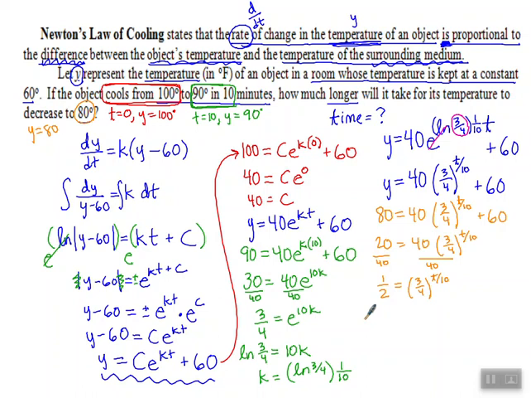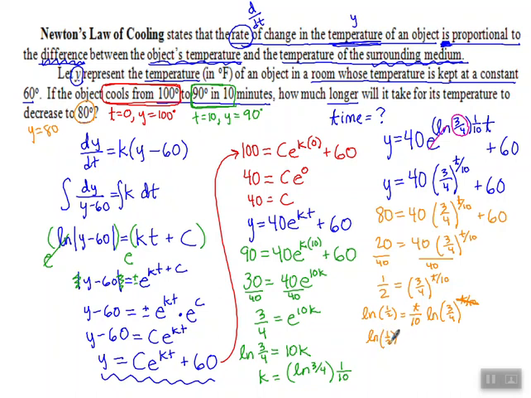Now to get the t out of the exponent, we need to take the natural log of both sides: natural log of 1/2, and natural log of 3/4 to the t over 10. I left some room here because that's why I did the natural log, to bring that exponent down as a coefficient using that log property. So then I can divide both sides by the natural log of 3/4.